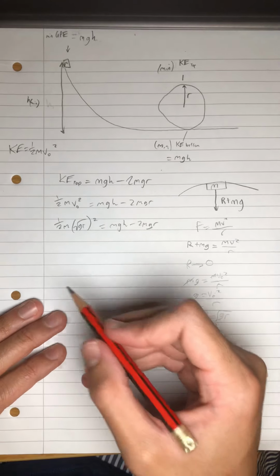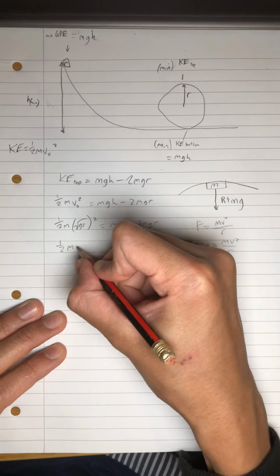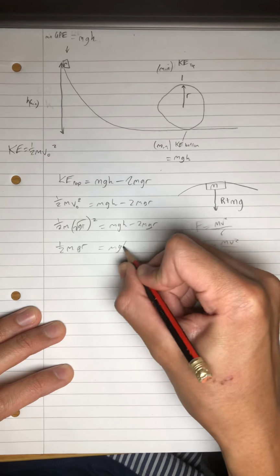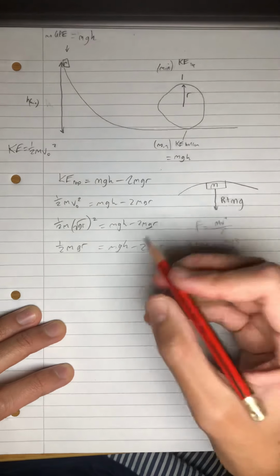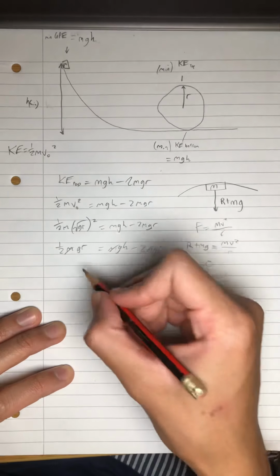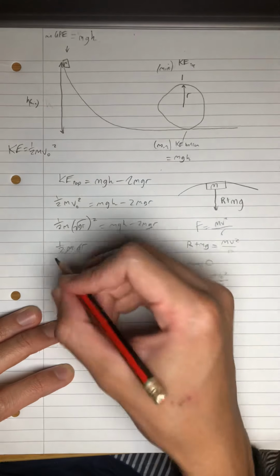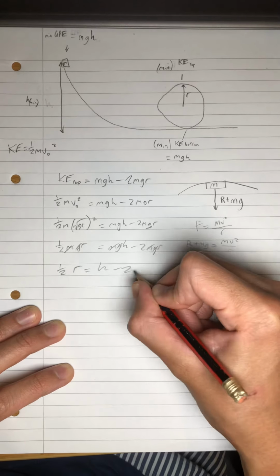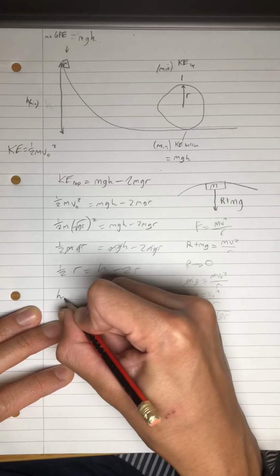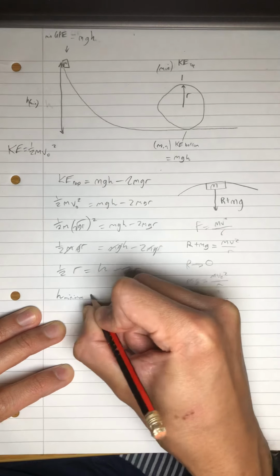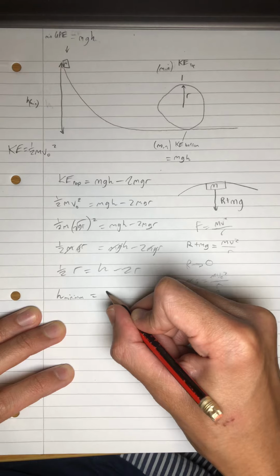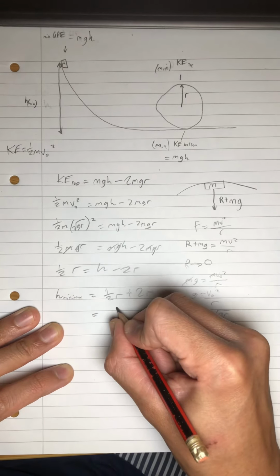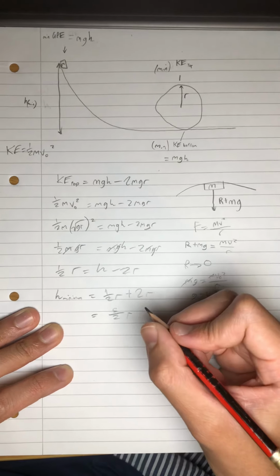What we can really do is just flat out algebraically solve this, right? Half mgr, because it's a square root that's just being squared, equals mgh minus 2mgr. Now let's just cancel the m's, cancel the g's. Half r equals h minus 2r, or h minimum equals half r plus 2r equals, what is that, 5 over 2r.